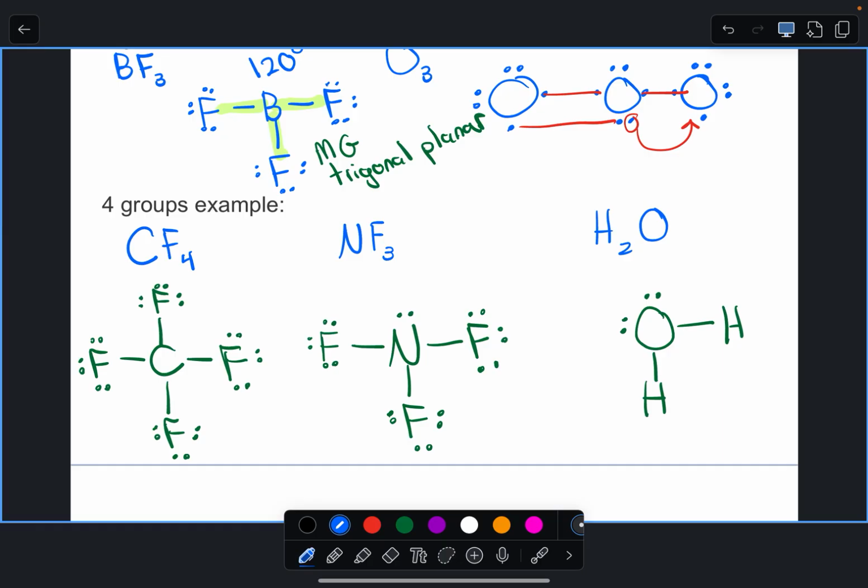Okay, so double check your structures. All of these should have 4 groups surrounding the central atom. I'll go ahead and highlight those.